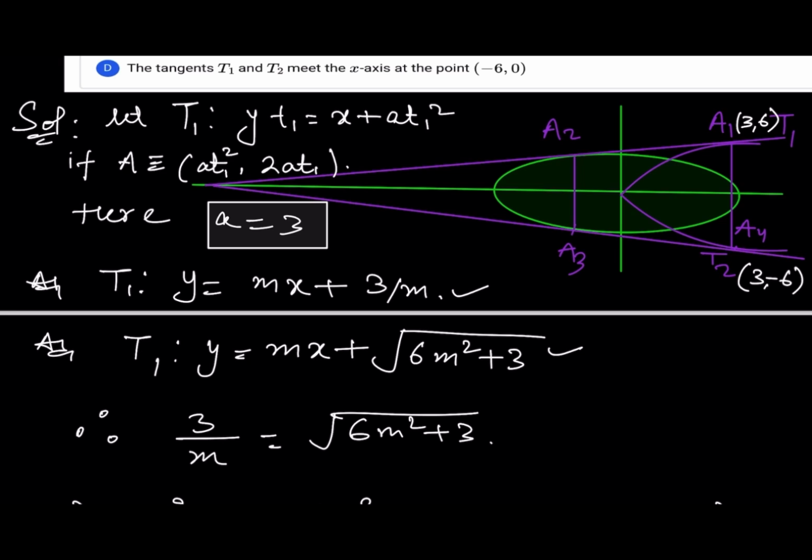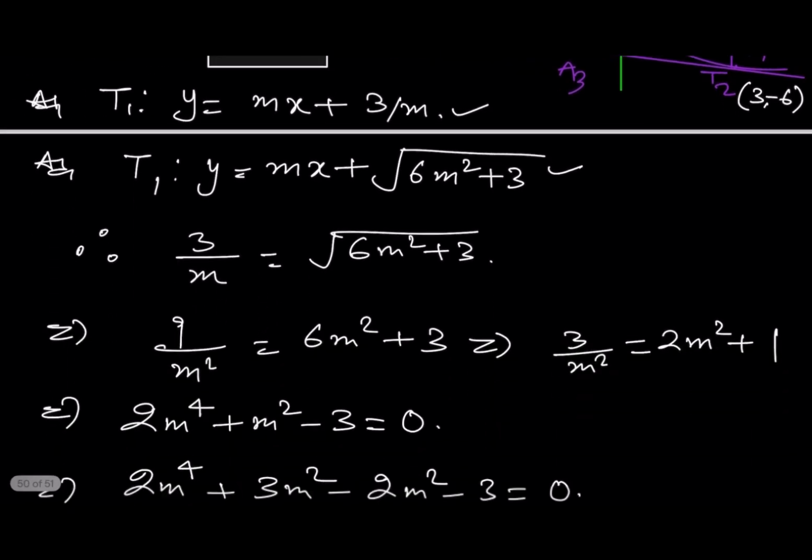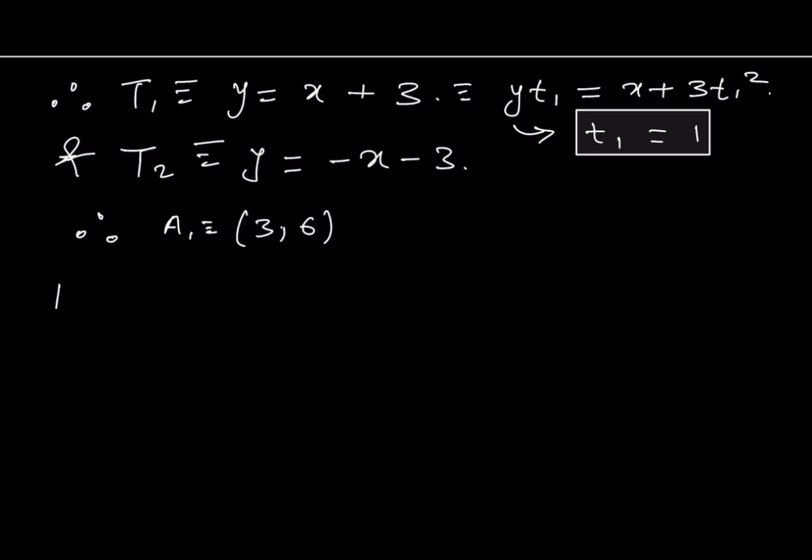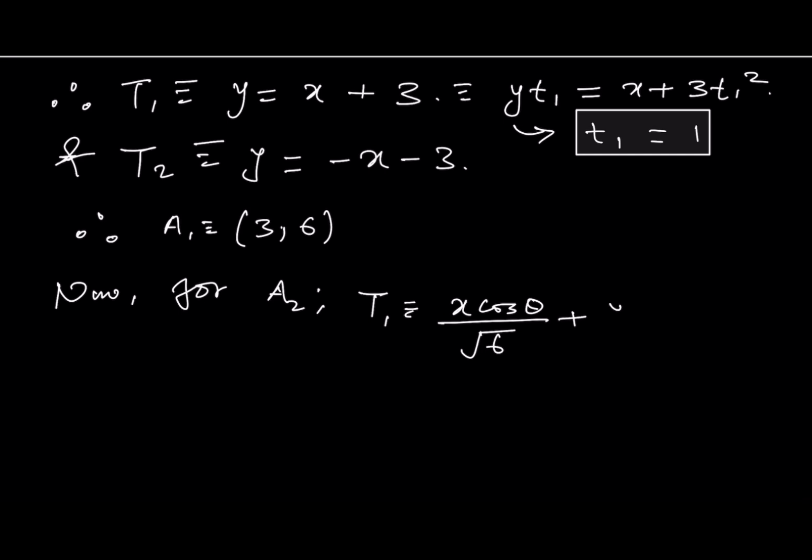Okay, now for e2, equation of tangent t1 can be written as x cos theta upon a, which is root 6, plus y sin theta upon b, which is root 3, is equal to 1, right?